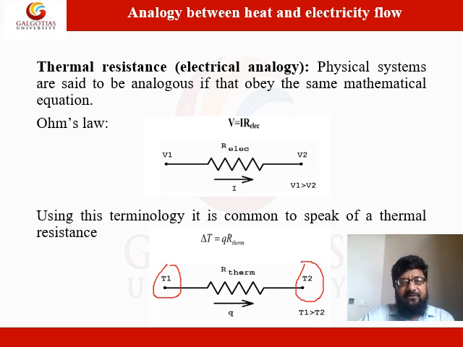So we will apply this analogy. If we use Ohm's law, V is equal to IR, we can replace V with the temperature difference, and we can replace the current with heat transfer rate. So the rest of the term will be equivalent to the heat transfer resistance.